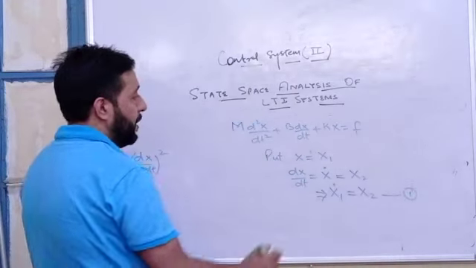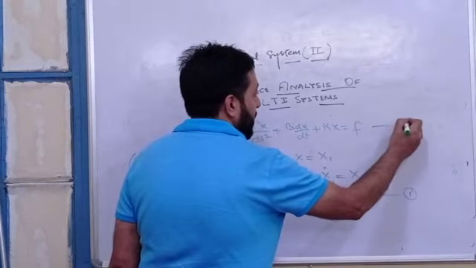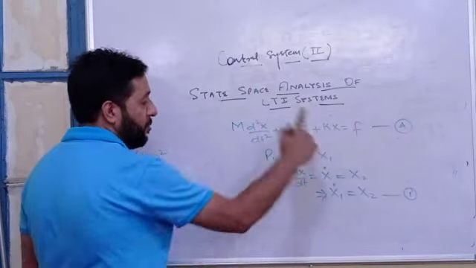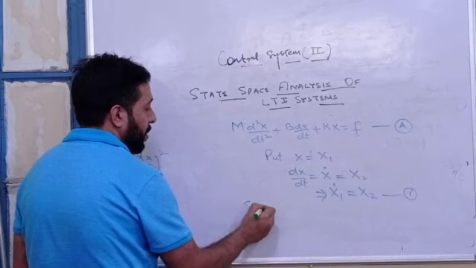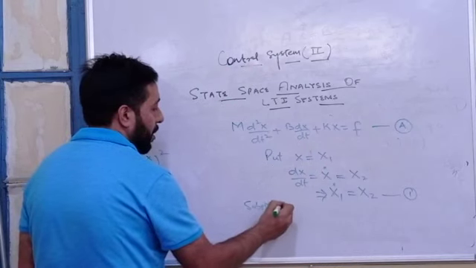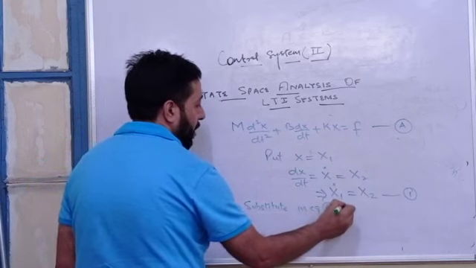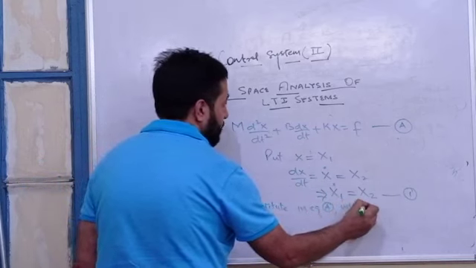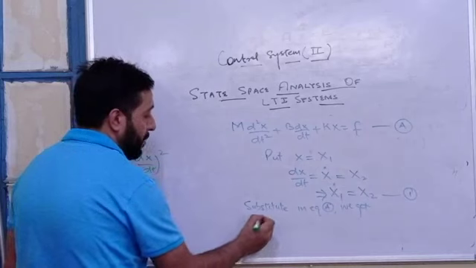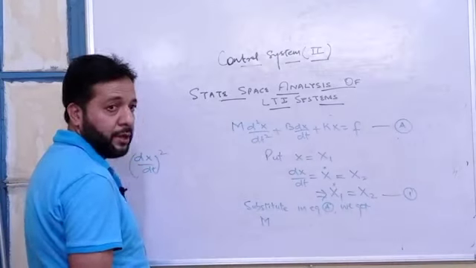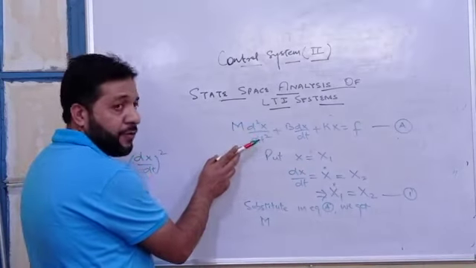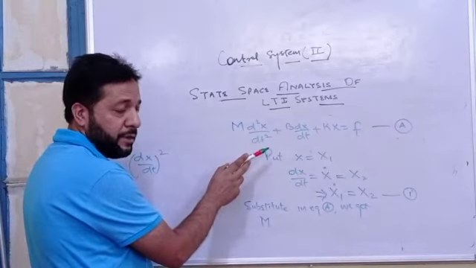Let me call this equation A. If I substitute in equation A, what do I get? This is m here. d square x by dt square is actually d by dt of dx by dt, isn't it?